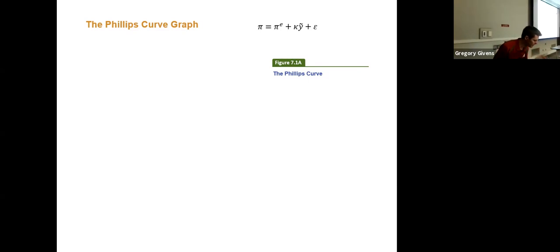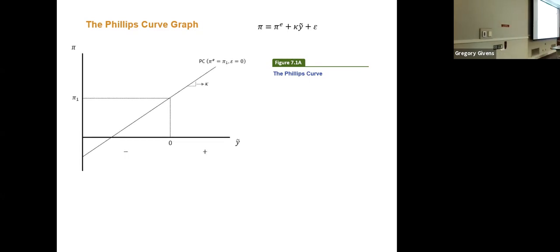So let me spend a few minutes doing that. What if I ask you guys to graph the Phillips curve for me, where we graph inflation on the vertical axis, and then the output gap as our variable on the horizontal axis, okay? So again, here is our equation for the Phillips curve.